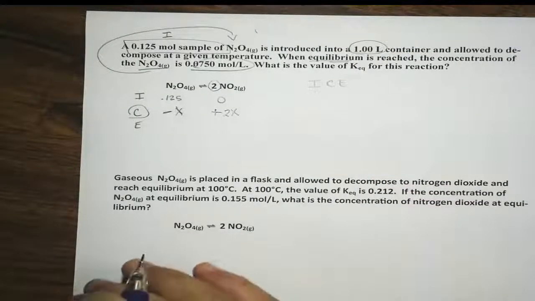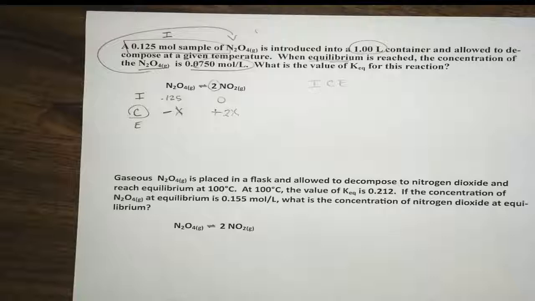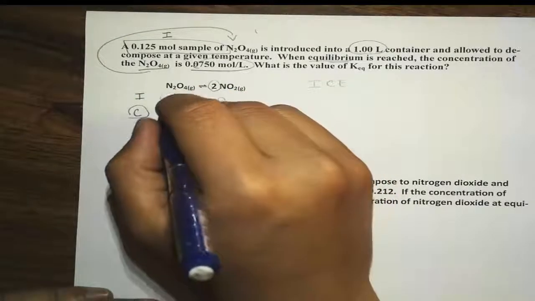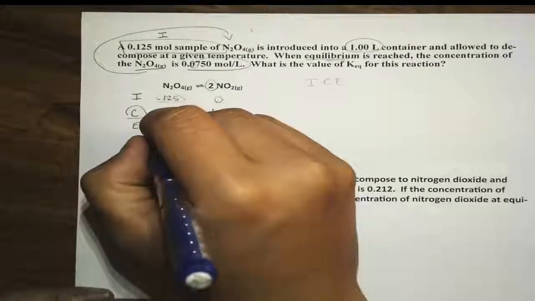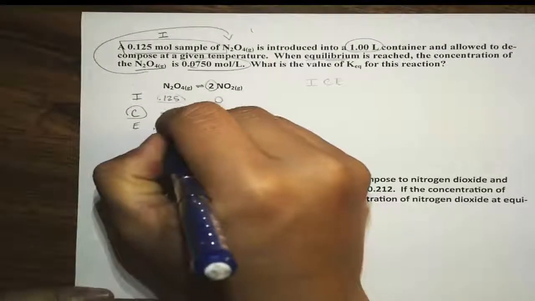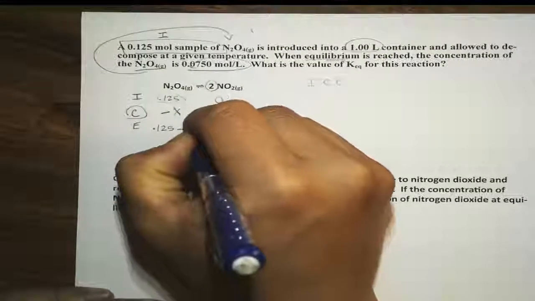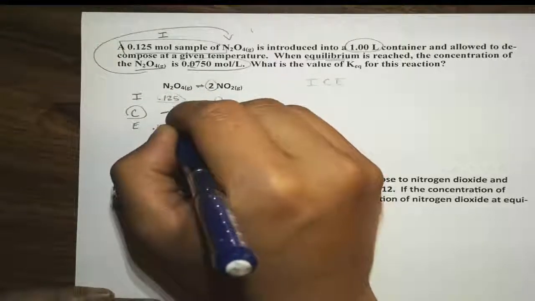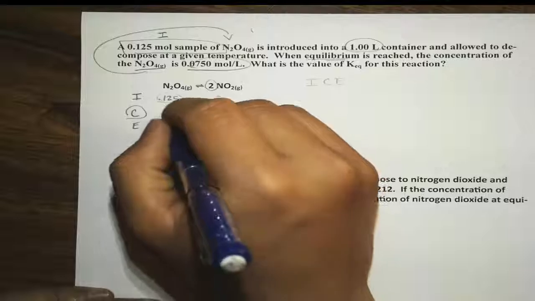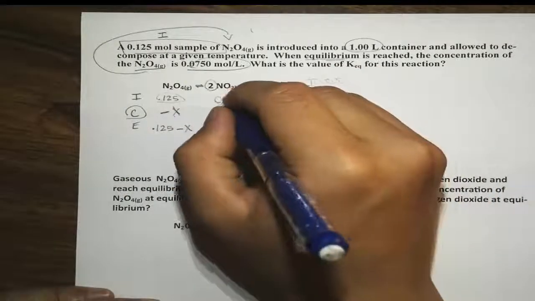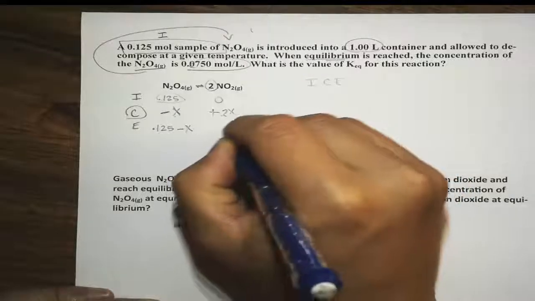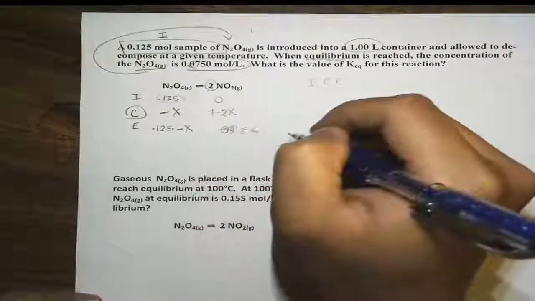Now at equilibrium, we also express in terms of X. We're starting from 0.125, so we have 0.125 molarity minus X. The change is minus because we are using it to make the product. On the product side, we have 0 plus 2X, but we don't write 0 plus, we just put 2X.